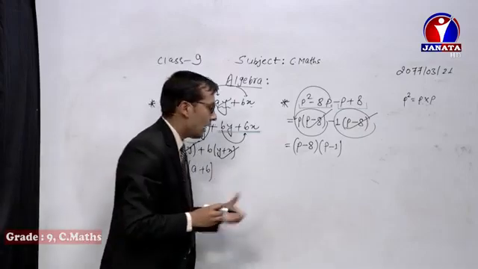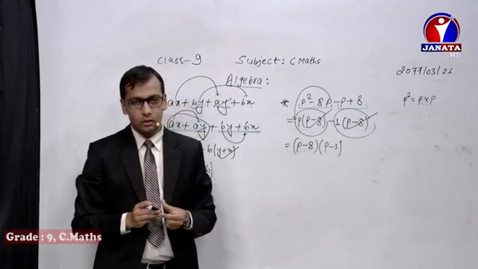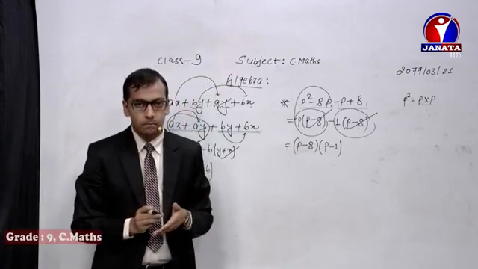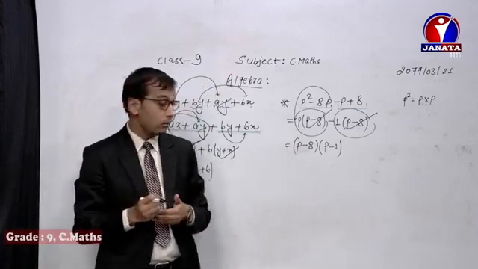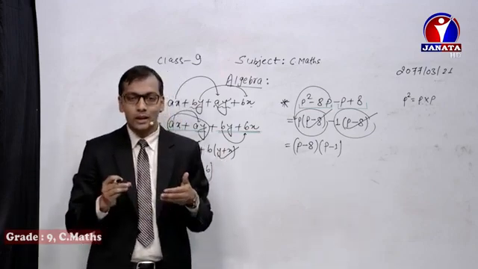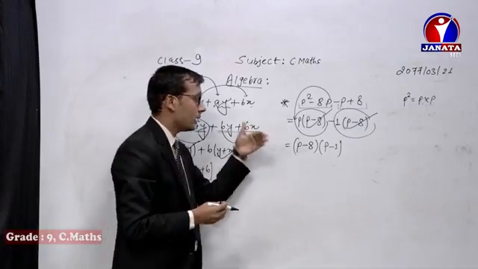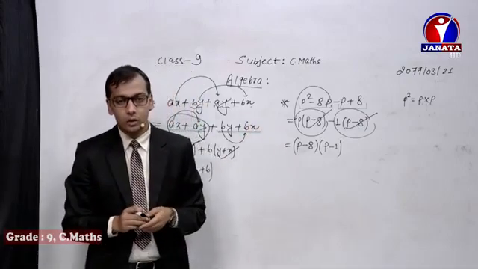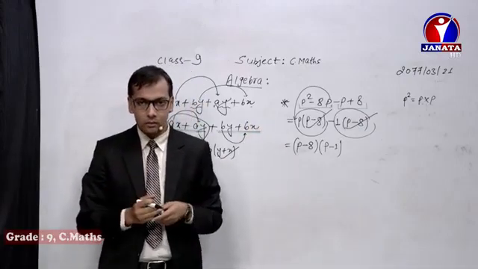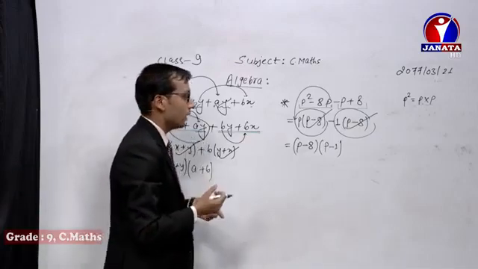To understand how to factorize a question, it depends on our practice. If we practice more and more questions, we can get the idea how to factorize an expression. For that we need to practice more algebraic expressions.